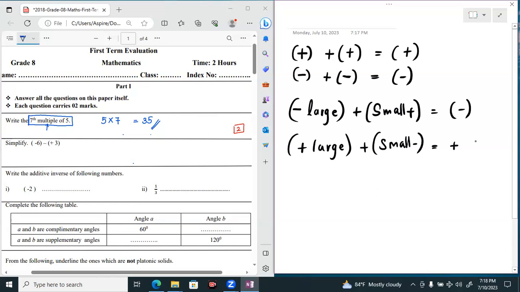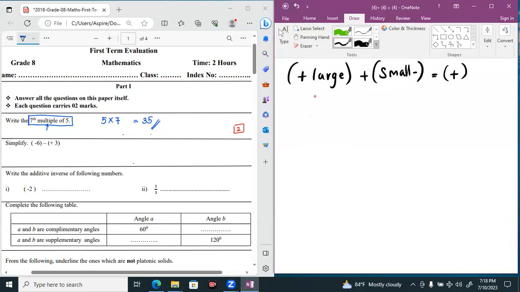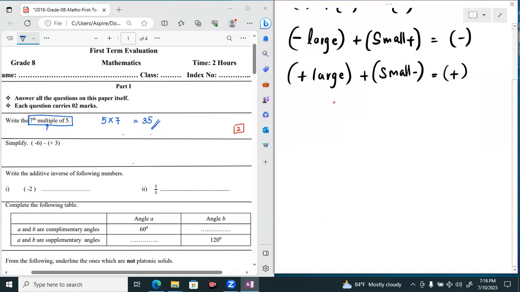Okay. Then when we do subtraction, what is the rule that we follow? First of all, we have to write the first directed number. The subtraction should be converted to addition.